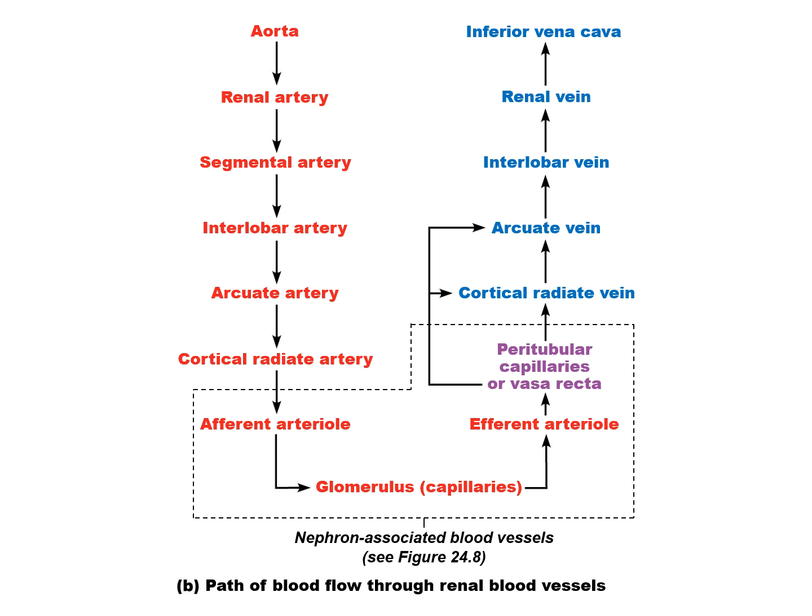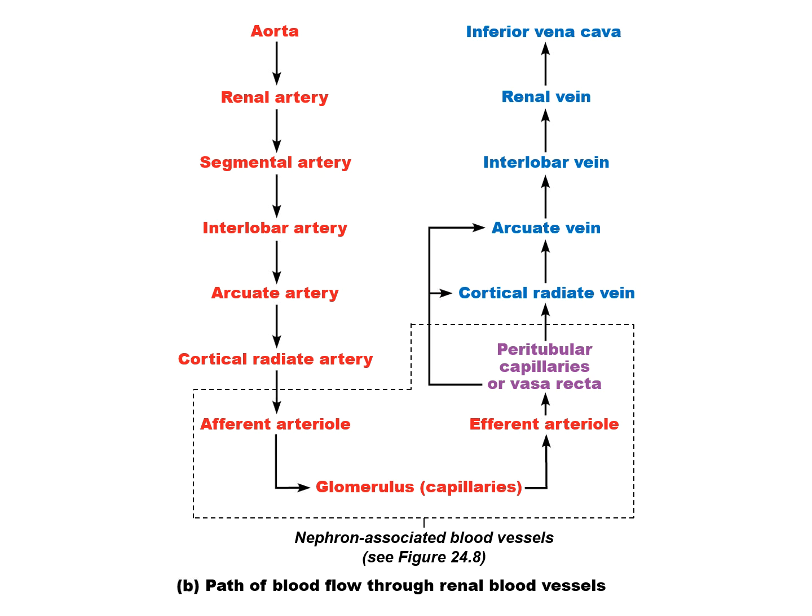Now there's something unique. Usually we see an arteriole, then a glomerulus or a capillary, and then we see a venule. So if you notice that you have a little box of dashed lines around that, what it's trying to show you is there's something unique going on there. So this is called a portal system. We've got an artery that leads to capillaries back into an artery that leads to another set of capillaries.